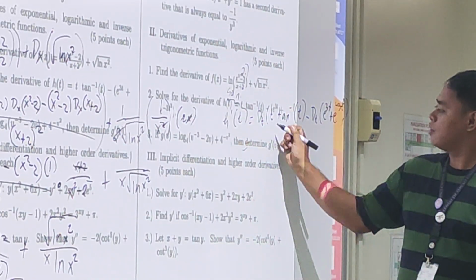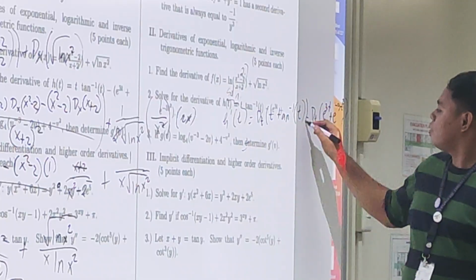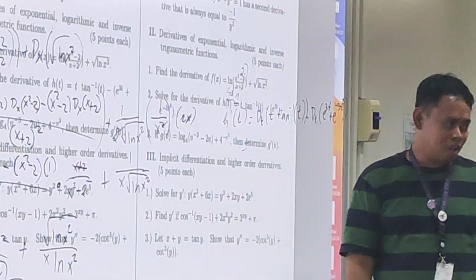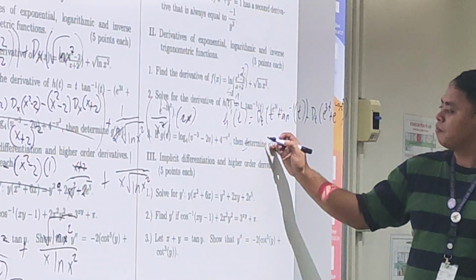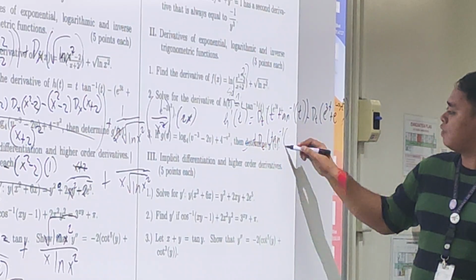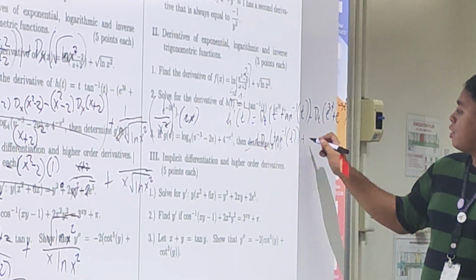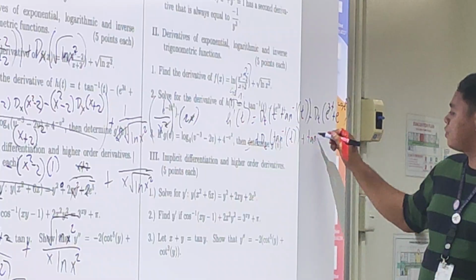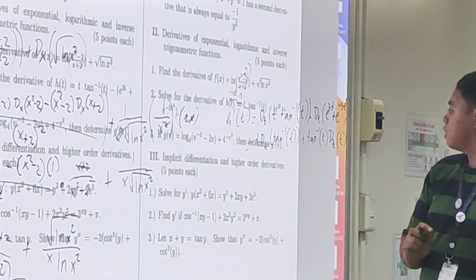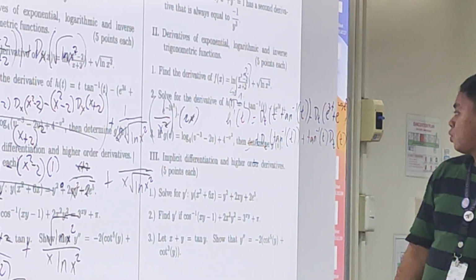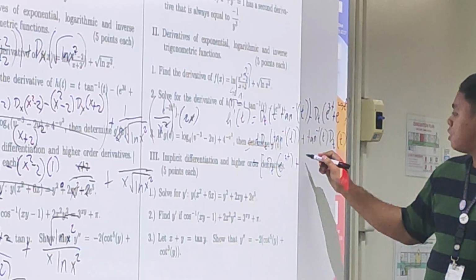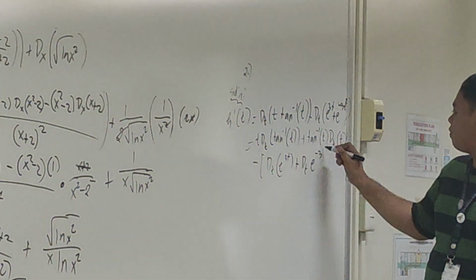This is a product rule for this one. So we have the derivative of t times tangent inverse of t, plus tangent inverse of t times dt of t, minus the derivative of e to the 3t plus e to the negative 3t.